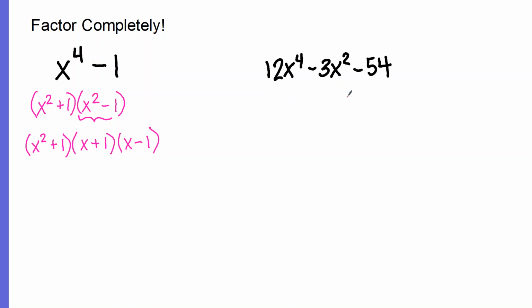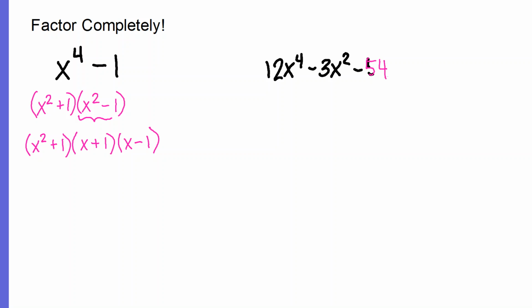For 12x to the 4th minus 3x squared minus 54, I'm thinking maybe I was supposed to put an X on this. Oh, no, it wasn't. Okay, sorry. I was trying to think where this one was going.